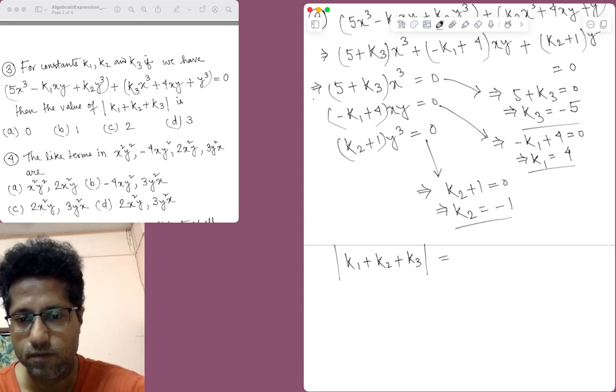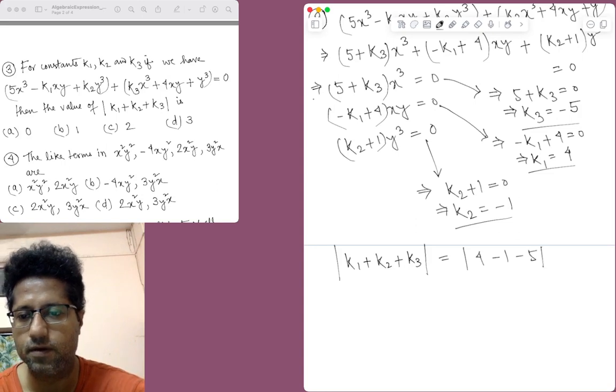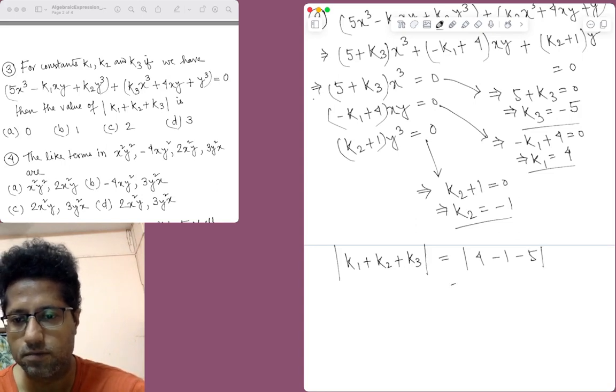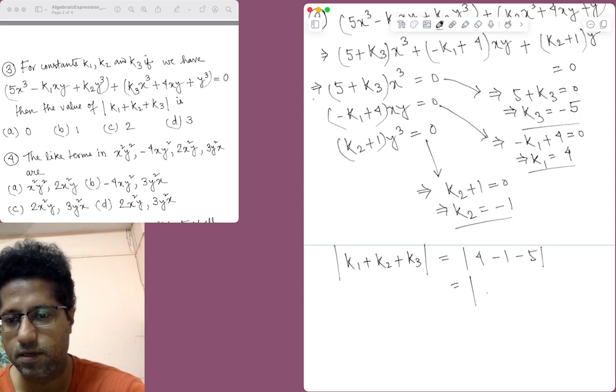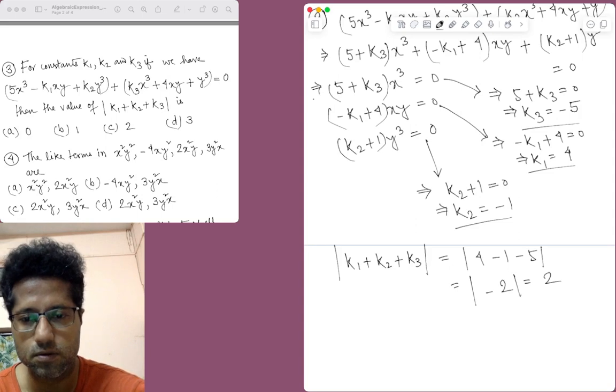So now we have k1 is 4, k2 is minus 1 and k3 is minus 5. So 4 minus 1 is 3, 3 minus 5 is minus 2, and mod of minus 2 is 2. So the answer is choice C.